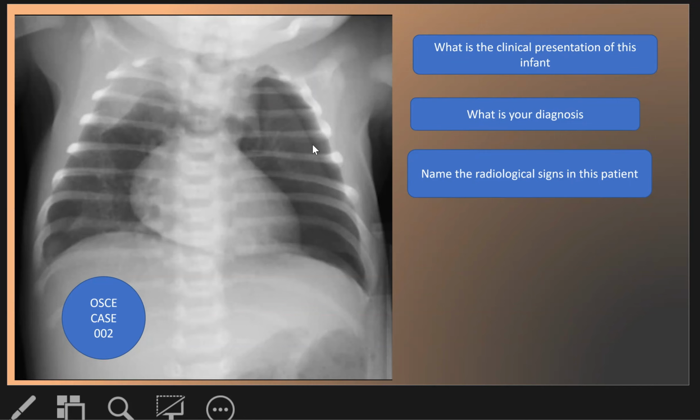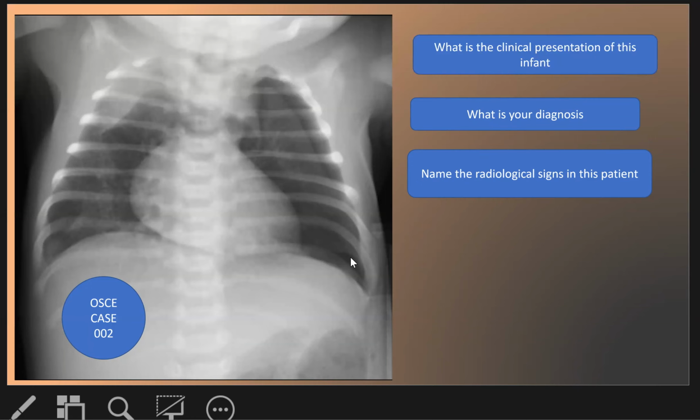Here, as I said before, we have a sharp white line, and no lung marking is seen peripheral to this line. And this is the first sign.